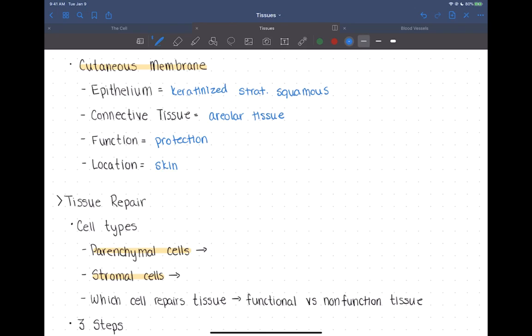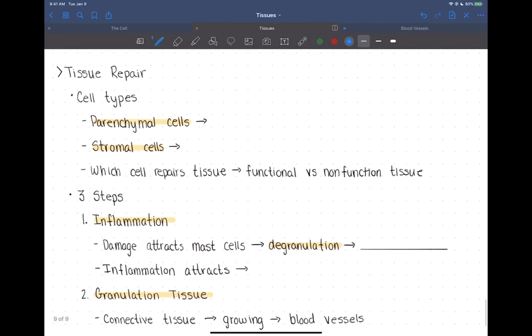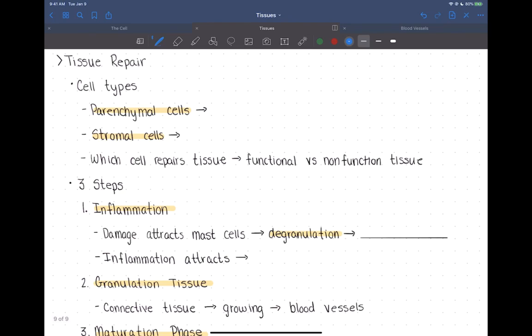Okay, then our last topic is going to be tissue repair. All right, so let's talk about how tissues, when they're damaged, how they are repaired. All right. So there's two possible types of cells that are involved in tissue repair.